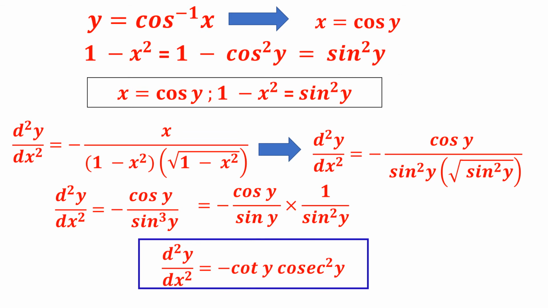It can be written as minus cot y into cosecant square y. Both the answers are right. Minus cos y upon sin cube y is also right. Minus cot y into cosecant square y is also right. Because we have been asked to express the right hand side, that is the second derivative, in terms of y alone, we have done it.